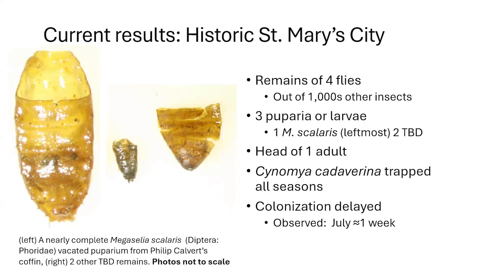So on the far left, we have what I've identified as Megaselia scalaris, and then 2 others that we are still working on identifying. The problem with archaeological entomology is that sometimes you won't be able to identify some of the remains that you find because there are just not enough diagnostic characters, and that's just something that I've chosen to accept and to glean what information we can.